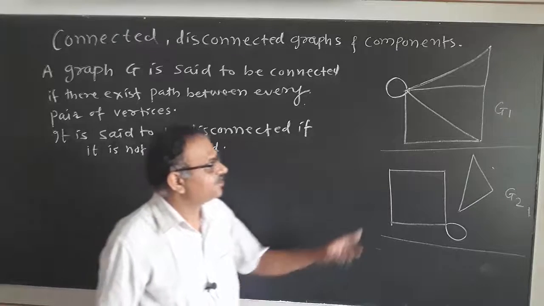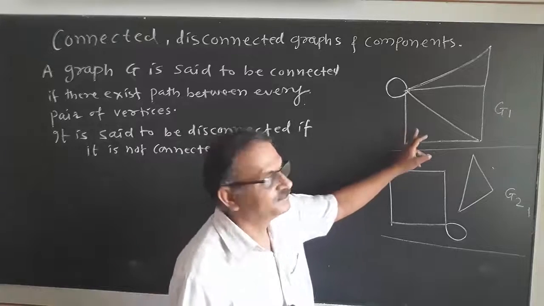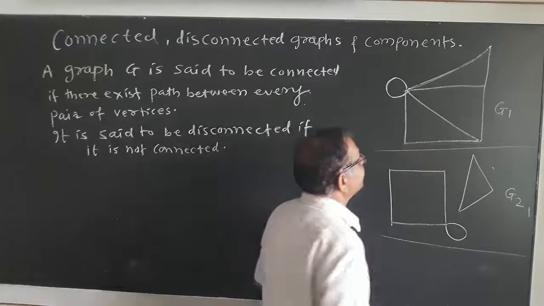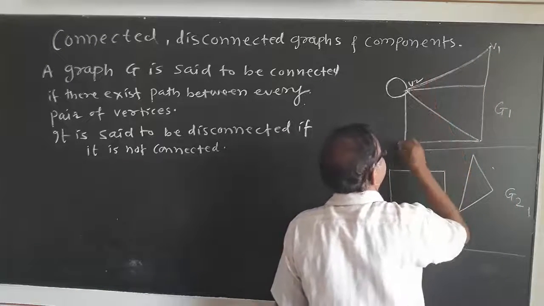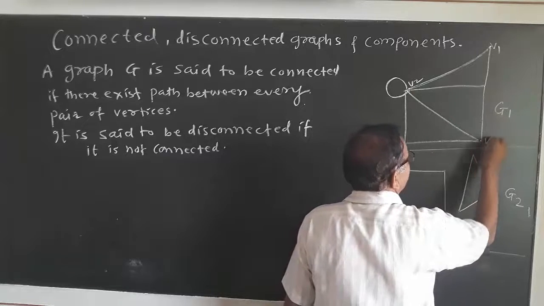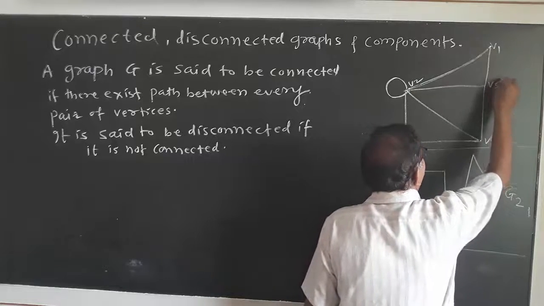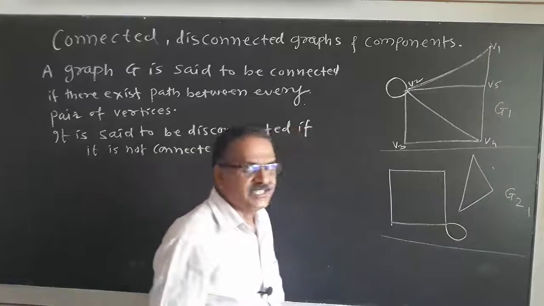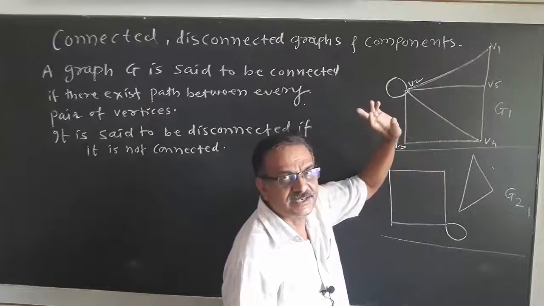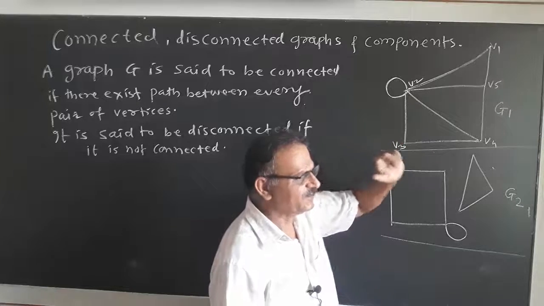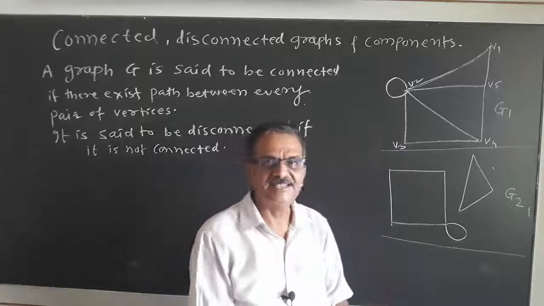In figure, if we see this graph G1, in this graph G1, the vertices are V1, V2, V3, V4 and V5. We can see that we can reach any vertex from any vertex by a path. That means in every pair of vertices there is a path.